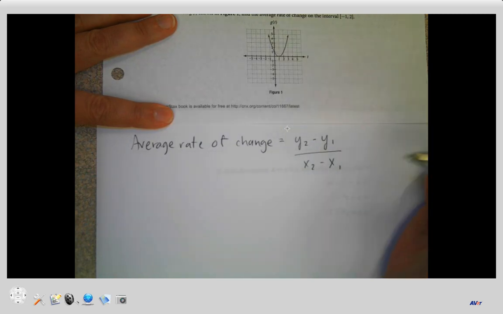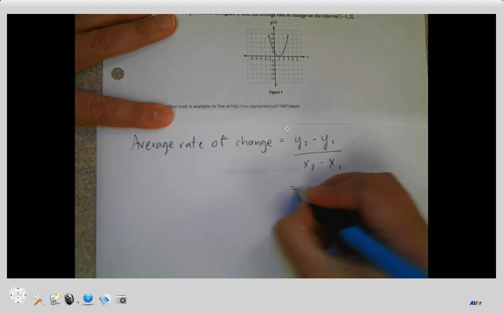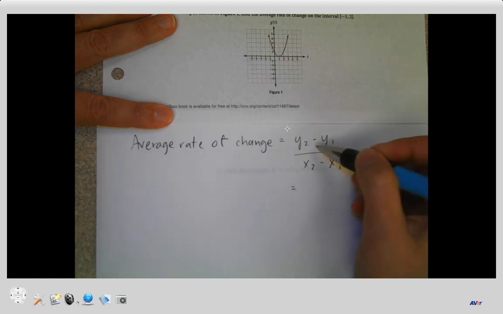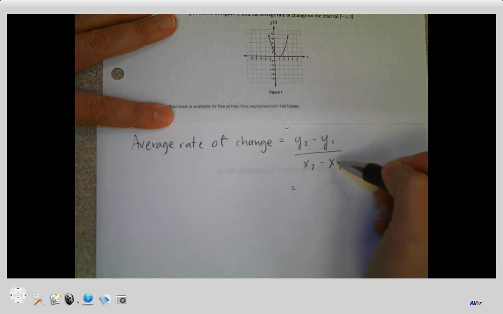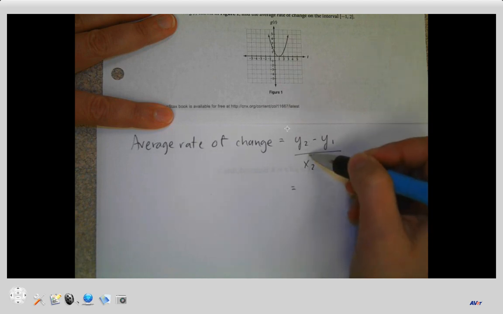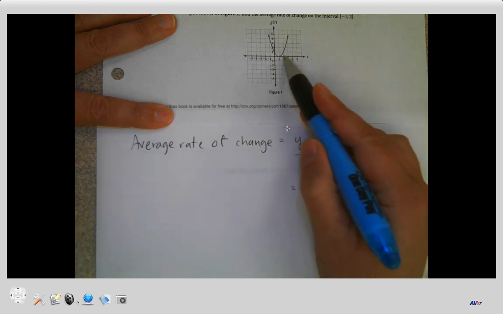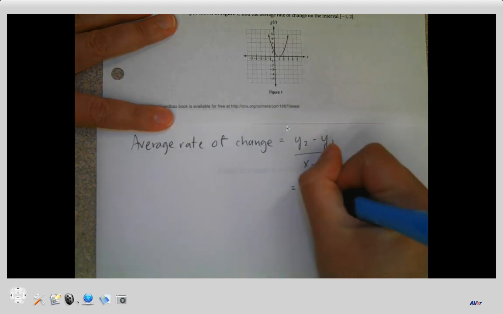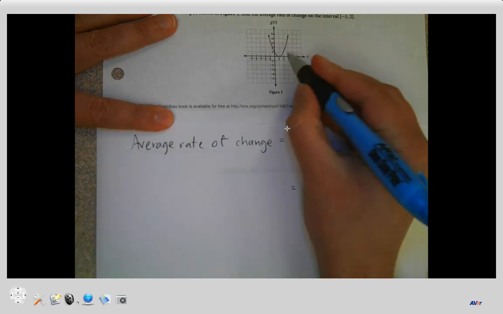Okay, so it matters that whichever one we choose, just like slope, if you remember, we can choose either point to be 2 and either point to be 1, but they have to match. I'm going to choose the one over here to be y2 and x2, so my y value is 1 and my x value is 2.